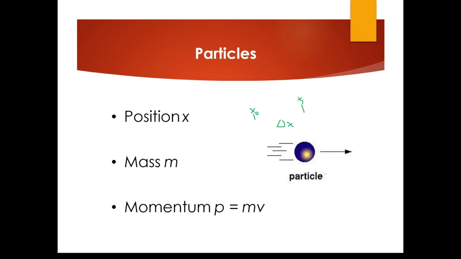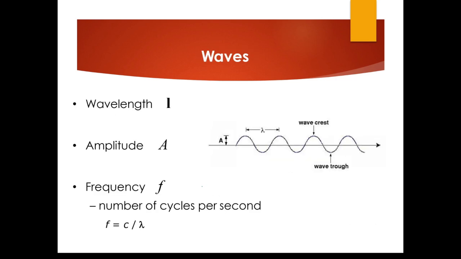Particles have mass, which affects things like momentum, p = mv, and it affects their acceleration, their response to net forces applied to them. And so particles have some of those qualities.